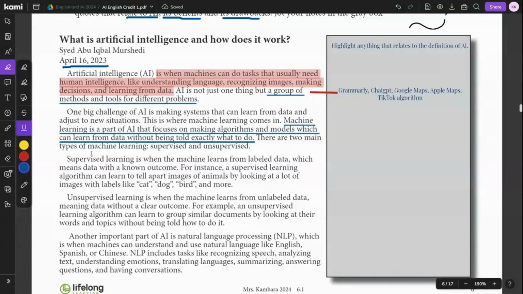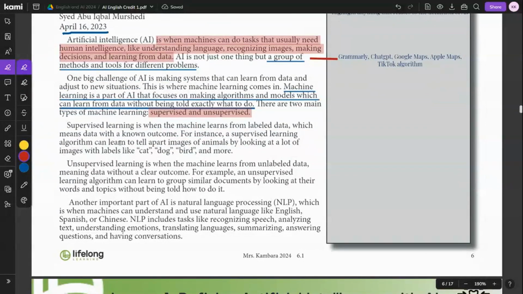There are 2 main types of machine learning, supervised and unsupervised. So let's highlight that. Supervised learning is when the machine learns from labeled data, which means data with a known outcome. For instance, a supervised learning algorithm can learn to tell apart images of animals by looking at a lot of images with labels like cat, dog, bird, and more.